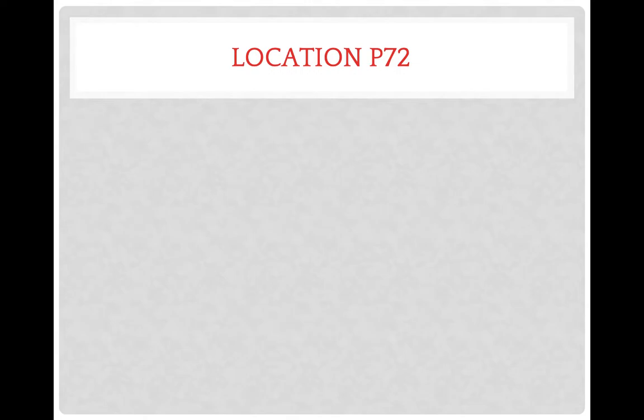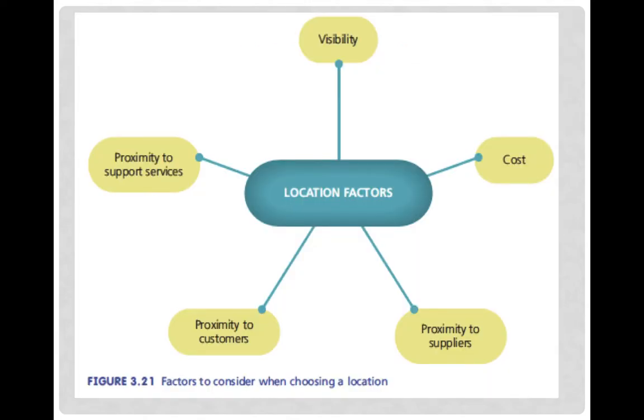Location, page 72 of your textbook. This is a recommended choice since it is a topic which gives you definite subheadings that you can use. You can use a lot of common sense to develop the discussion on these topics, and before you know it, if you throw in an example or two, you will have written 2/3 of a page or more.